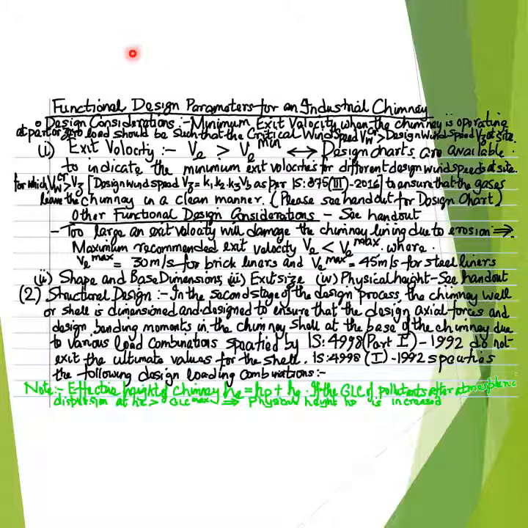Summarizing our discussion on the most important functional design parameter in the functional design stage for an industrial chimney, that is the exit velocity, denoted as V subscript E. The various design considerations that govern the selection of the exit velocity V subscript E may be summarized as follows.